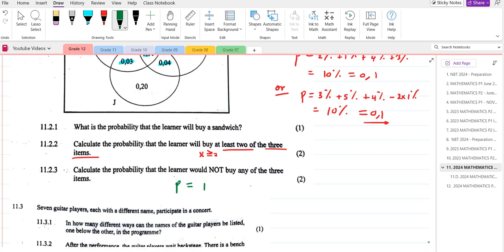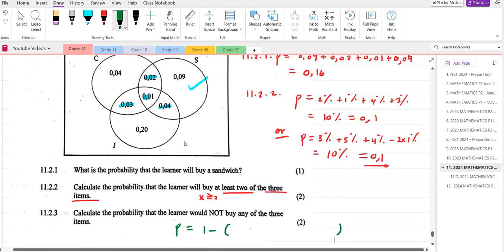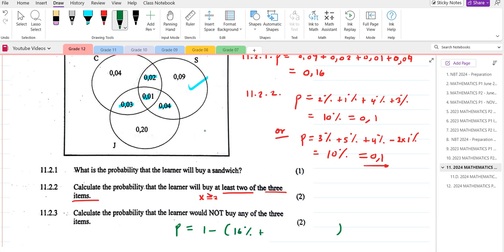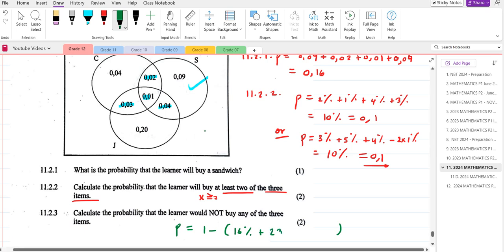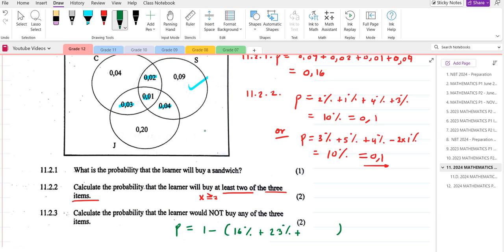The probability will be 1 minus what's on the outside, right? So that's already the entire circle of S. That's 16% plus 23% plus 4%.